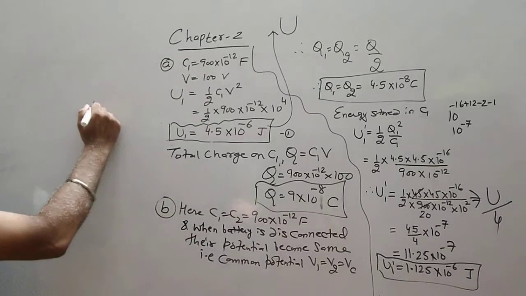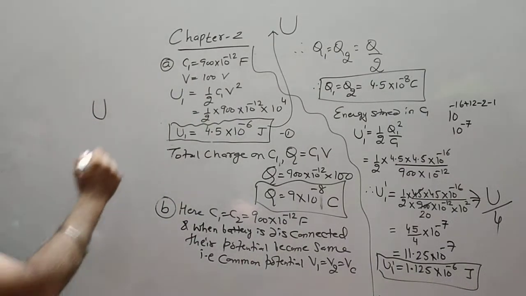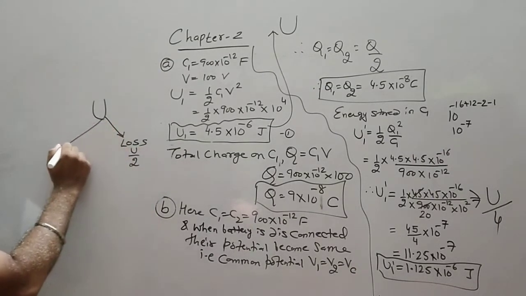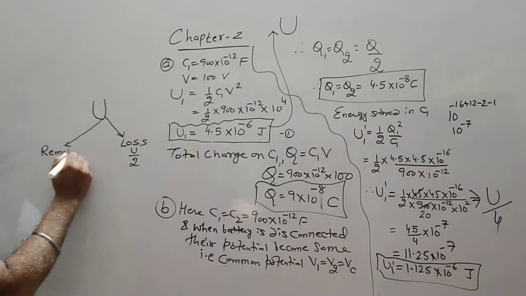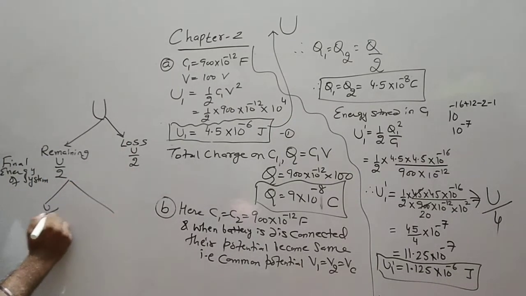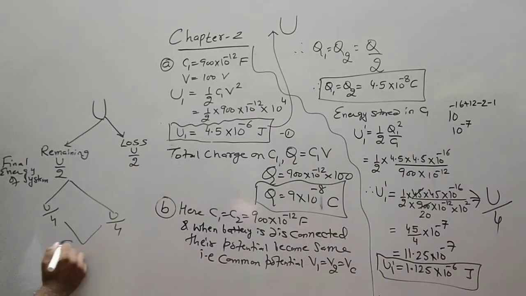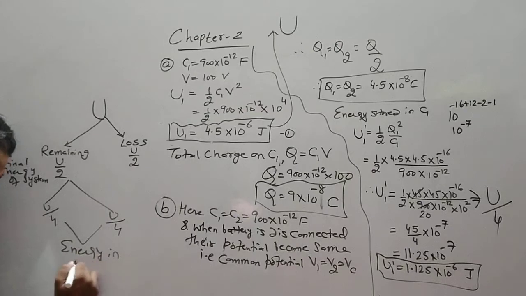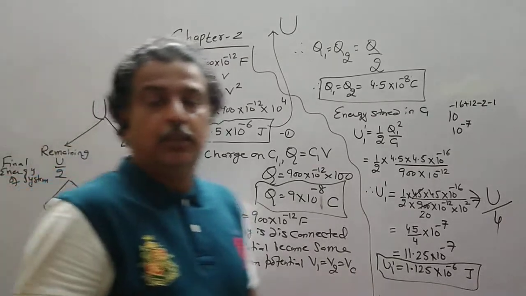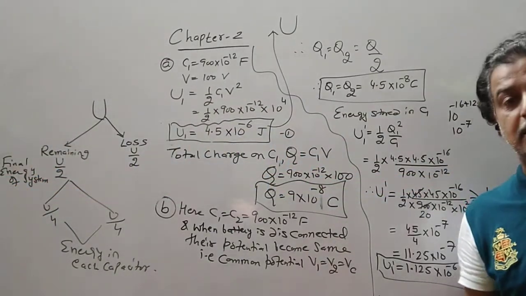So U is the total energy, the loss is U by 2, so the remaining U by 2 we call the final energy of the system. So half of the energy is lost and the remaining becomes U by 4, U by 4, and this is the energy stored in each capacitor. So this is the situation where identical capacitors are connected.